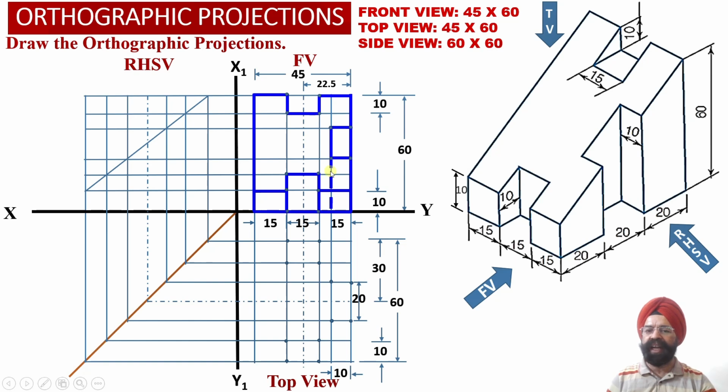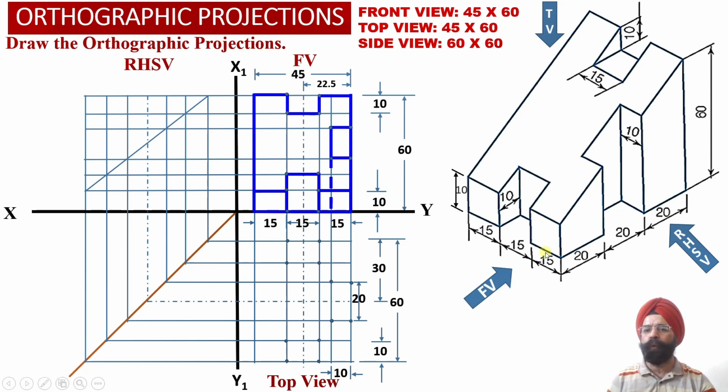So a dotted line or a hidden line projection has to be drawn into the front view projections corresponding to this surface. This surface is not visible, so it will be drawn as a dotted line.